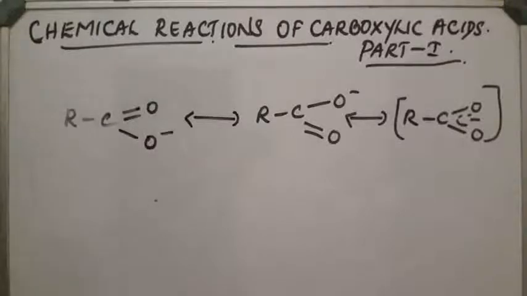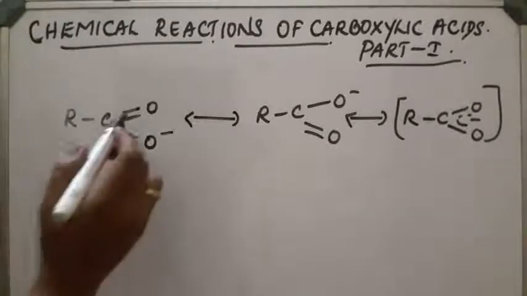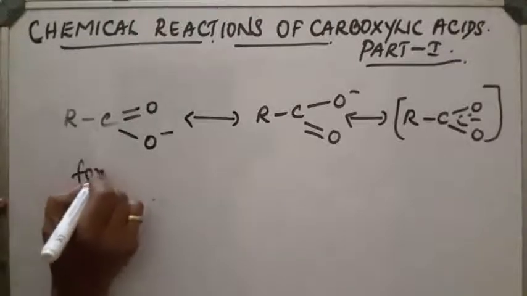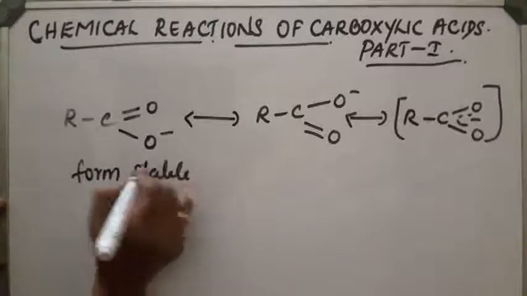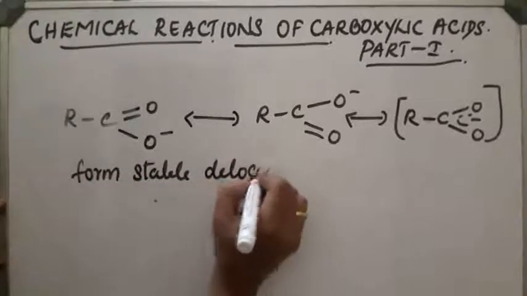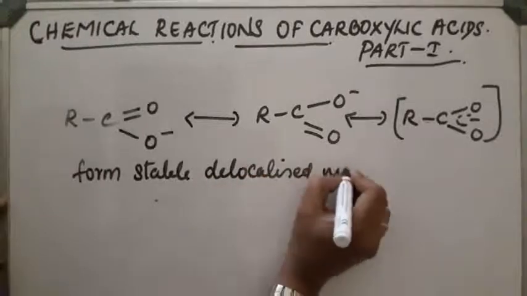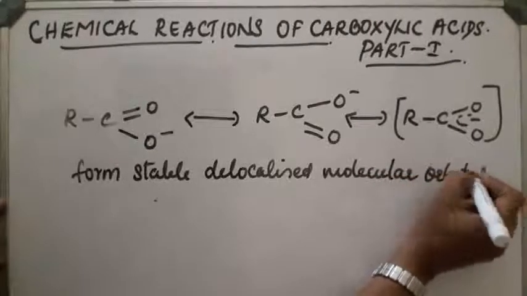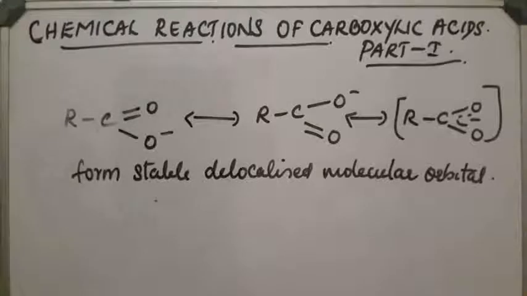The unused p orbital of the carbon atom overlaps with the p orbitals of the two oxygen atoms and forms a stable delocalized molecular orbital.